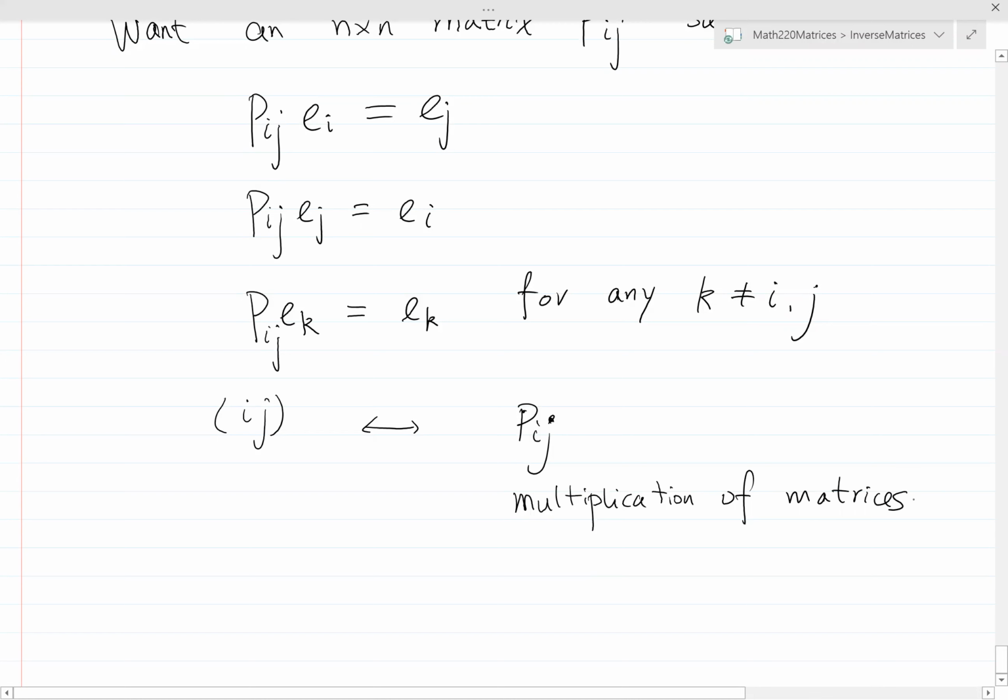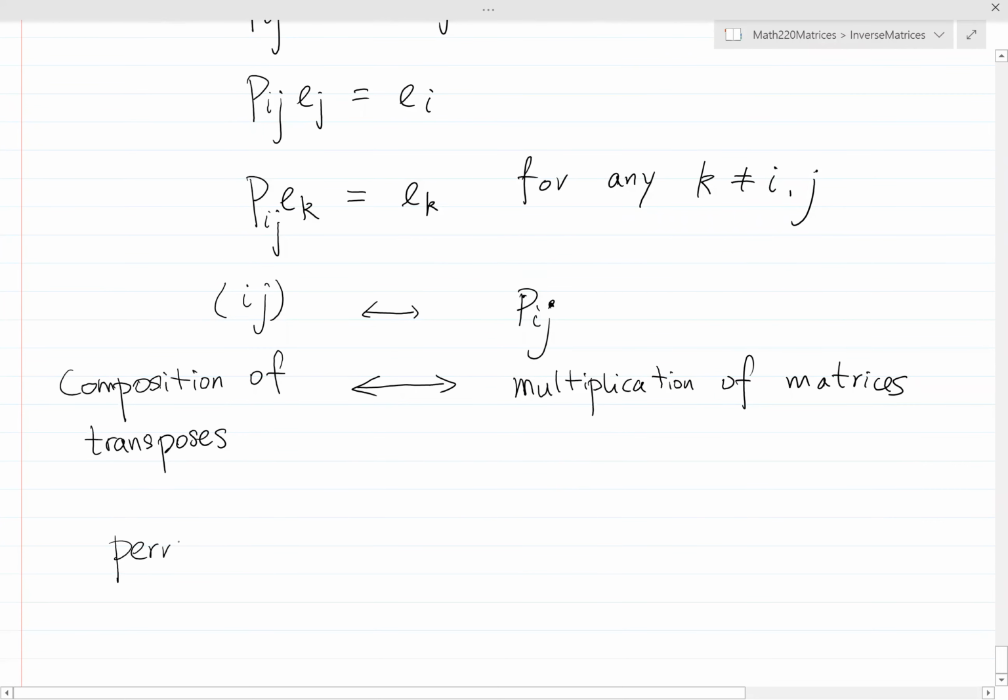And for permutations, we can compose transpositions. By composing transpositions, we can get any permutation. And here we get permutation matrices.